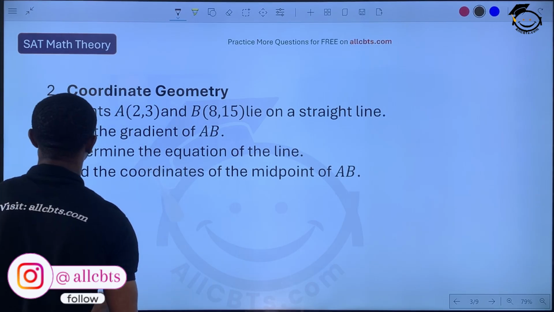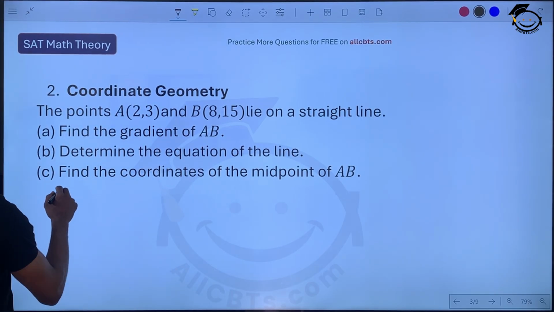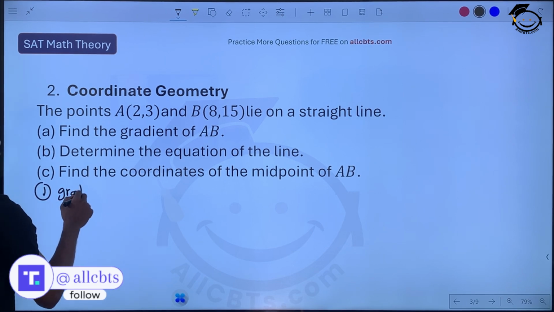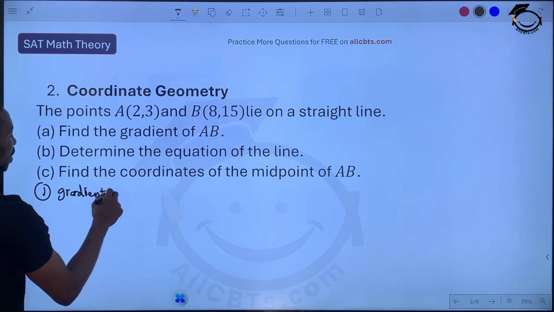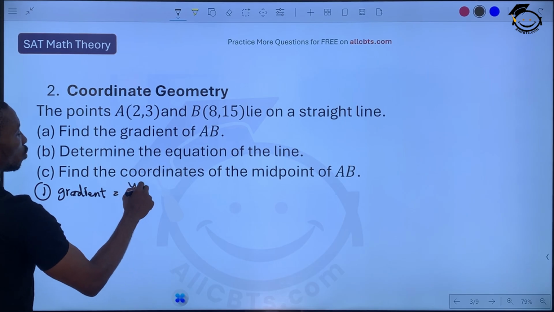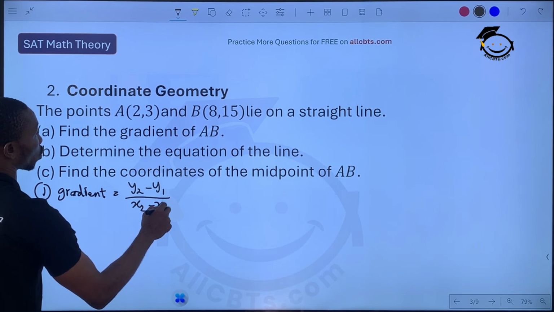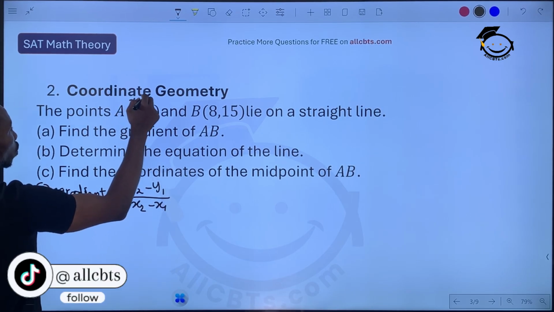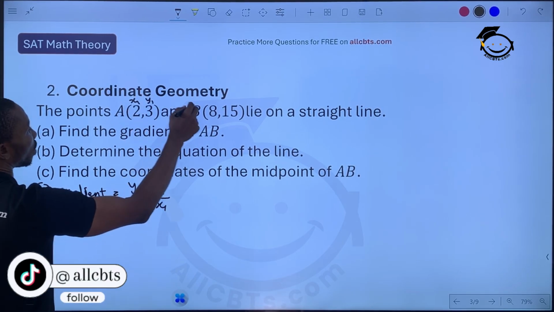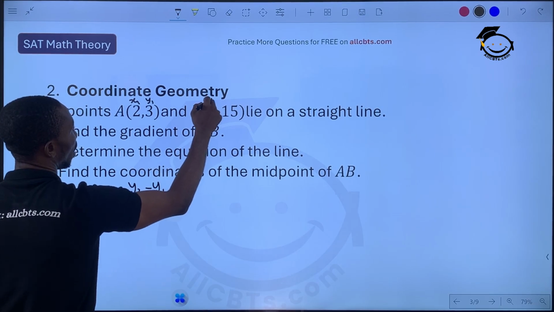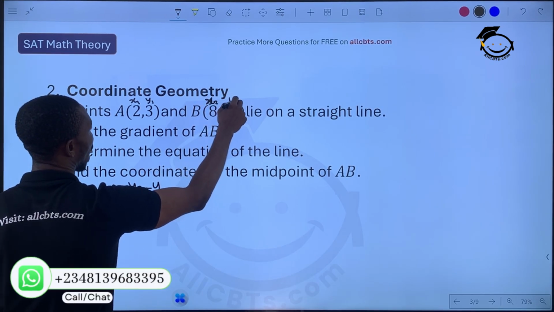If you are looking for the gradient of AB, we know that our gradient is y2 minus y1 all over x2 minus x1, where this is our x1, y1, and x2, y2.